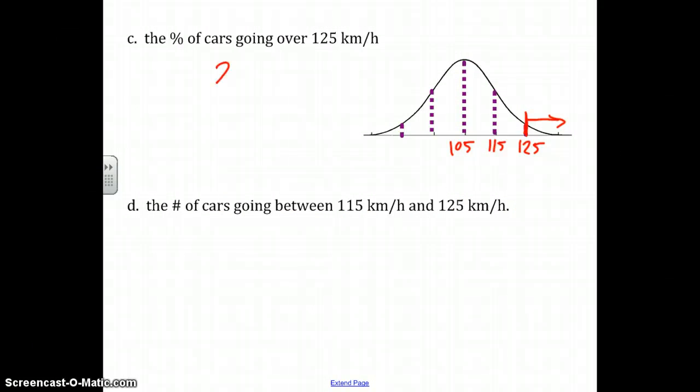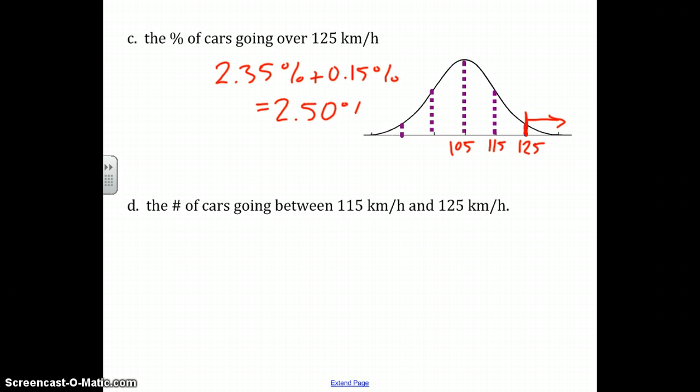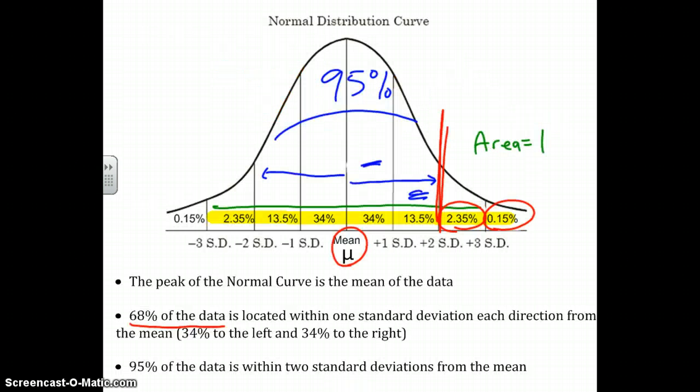So we're just going to add those two, which gives us 2.5% of the cars. Basically it's not just the 2.35%, it's everything from this red line onwards, so 2.35 and the 0.15. The 0.15 takes into account everything from here on.